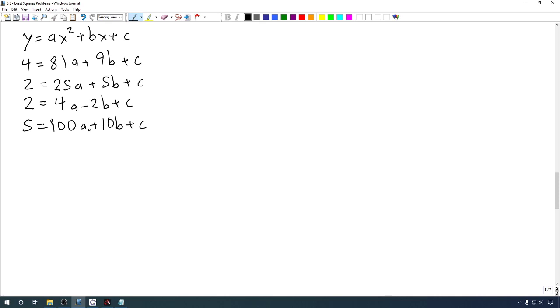Just like the last time, I'm going to go ahead and order them kind of the opposite order. I'm going to put the c's first just because we like to put the smaller coefficients first. So what do we get here? We get a matrix A. We have four rows for our 4 equations, but we end up with 3 columns this time.